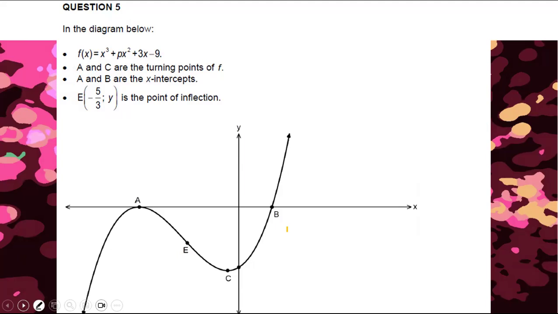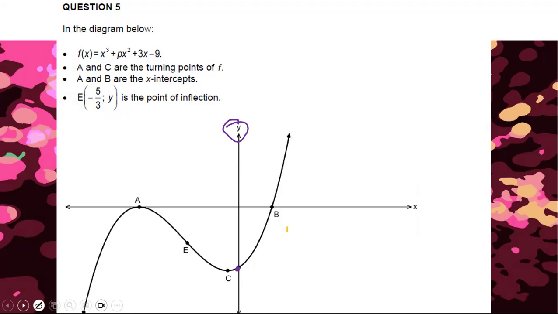Let me just write that down because this is pretty much part of functions. So y-intercept, if you watch the first video that I did, you will know that the y-intercept is where the graph touches the y-axis, okay?